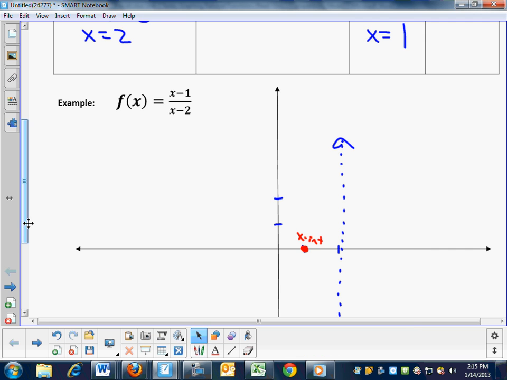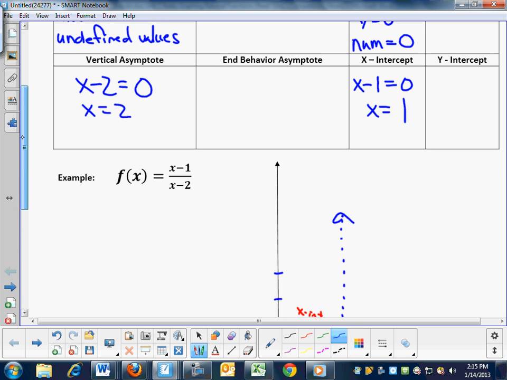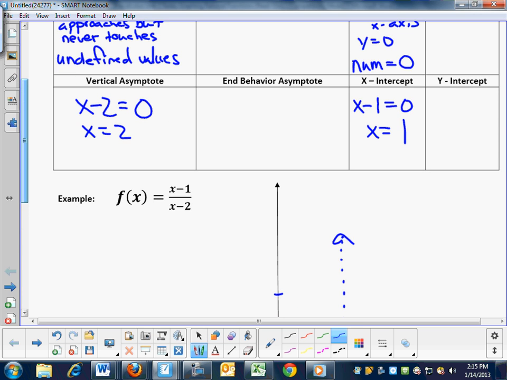Now let's talk about the y-intercept. The y-intercept is where it crosses what? The y-axis. Where it crosses the y-axis is where x is equal to 0.